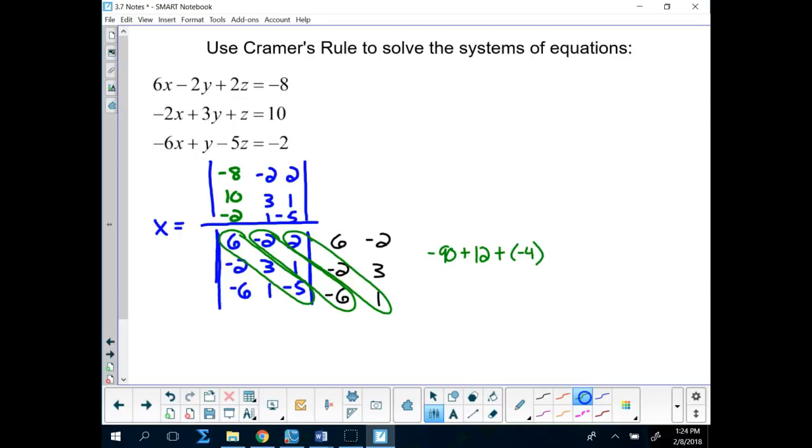Then I've got 3 crosses. Oops, kind of went right through my -5. 1, 2. That's okay.